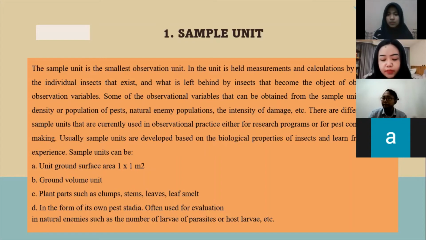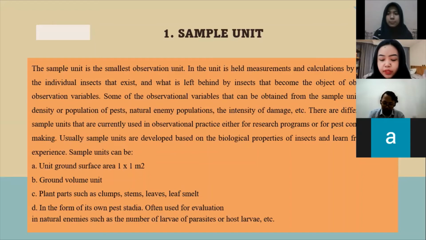Some of the observational variables that can be optioned from the sample unit can be the density or population of pests, natural enemy population, the intensity of damage, etc. There are different types of sample units that are currently used in observational practice either for research program or for pest control decision making.